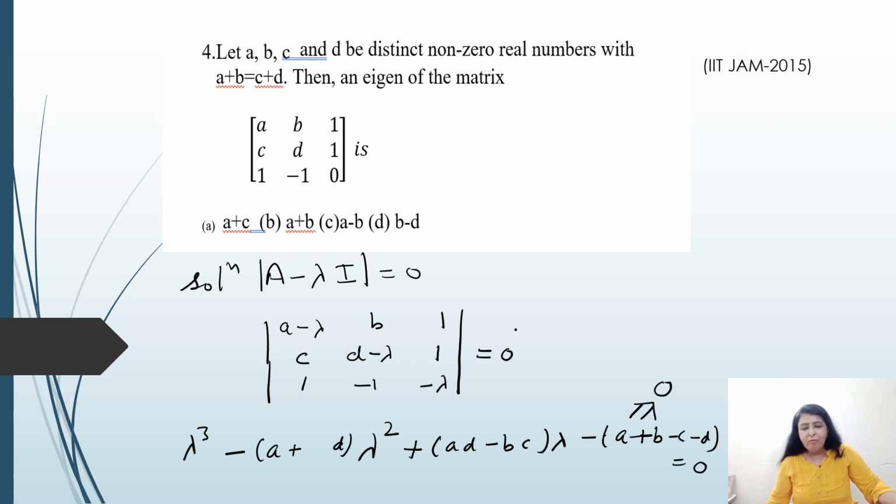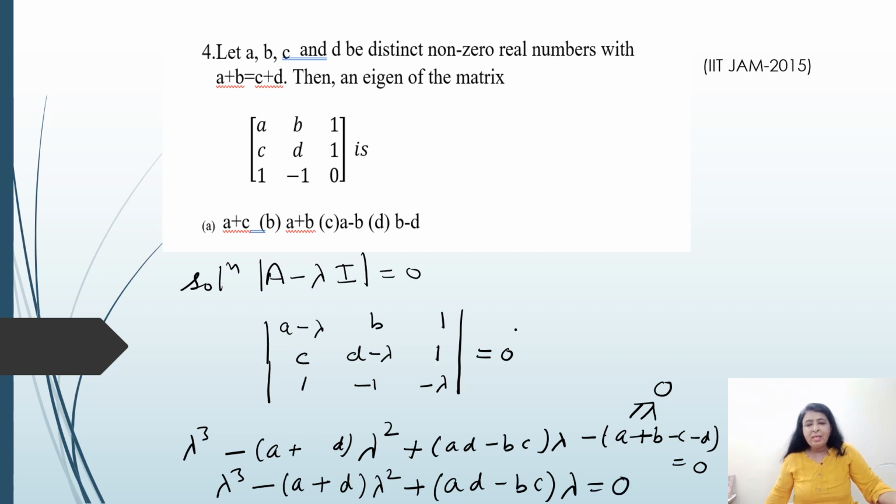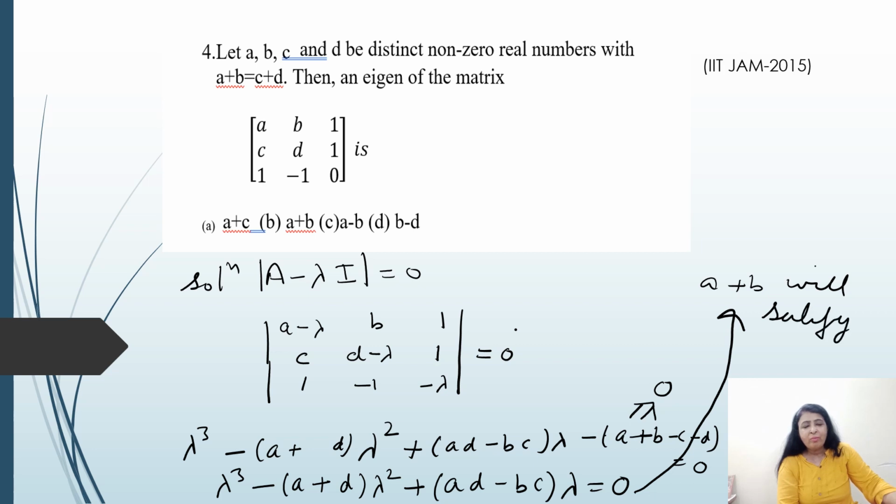So ultimately we are left with λ³ - (a + d)λ² + (ad - bc)λ equal to 0. Now you can see that when you check the result, then a + b, which is option B, will satisfy this equation.